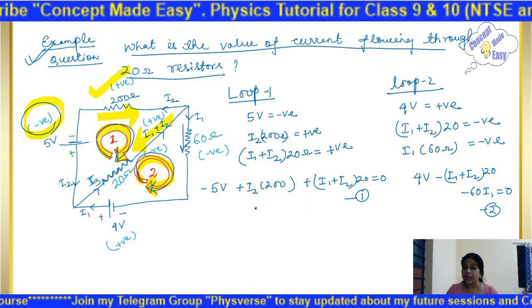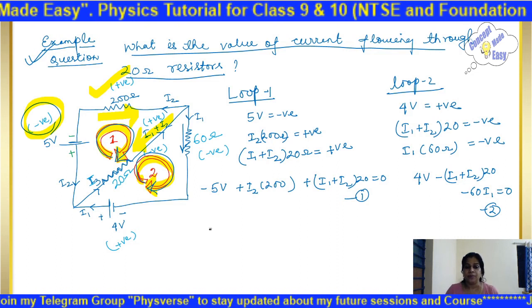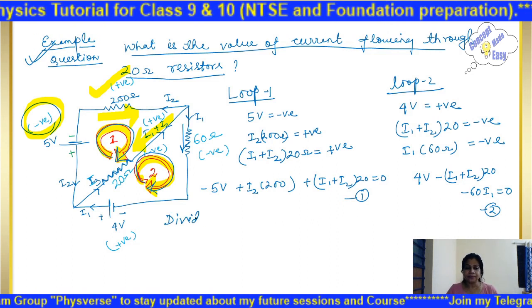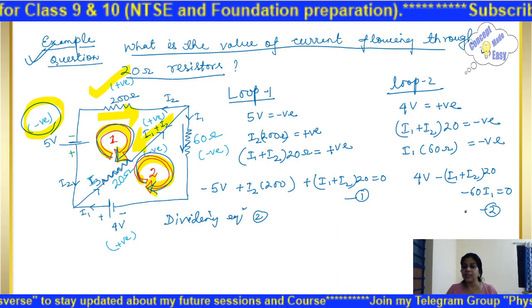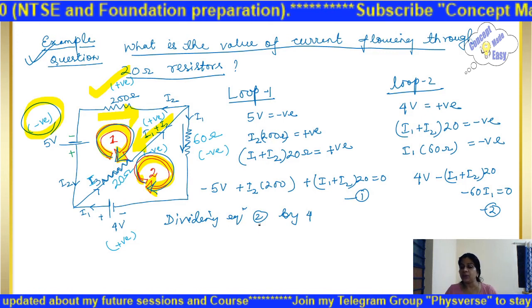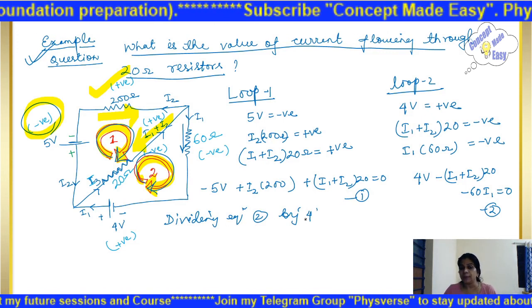So to calculate both the values, you need to do some simple manipulation. This is my equation 1, this is my equation 2. Dividing equation 2 by 4, what you will get?